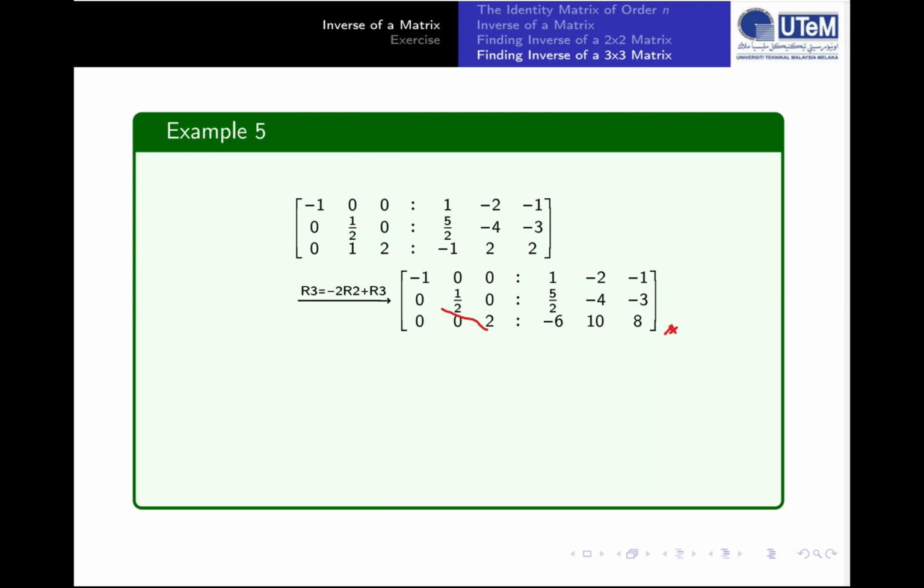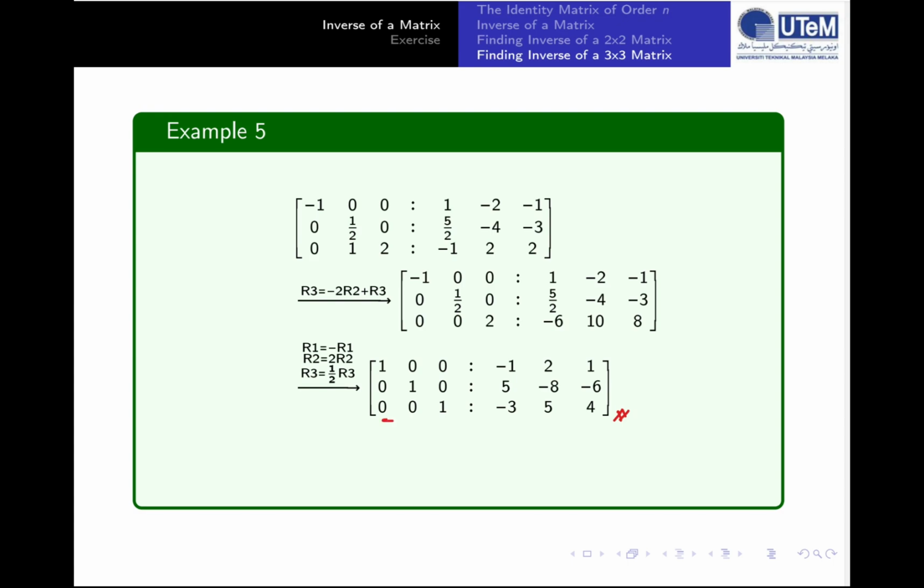The last step is that we want to change the diagonal to become 1. So row 1 times negative 1, row 2 times 2, and row 3 divided by 2. So the value here becomes this matrix.